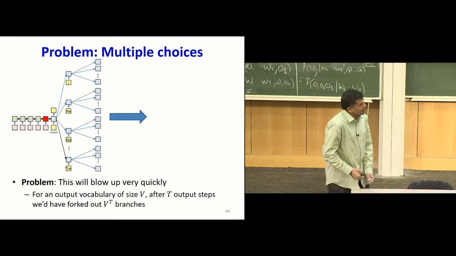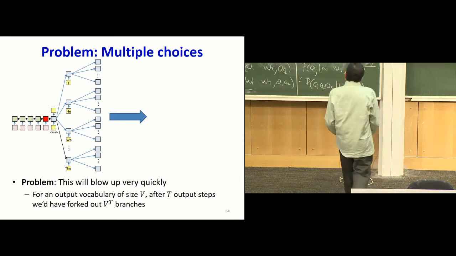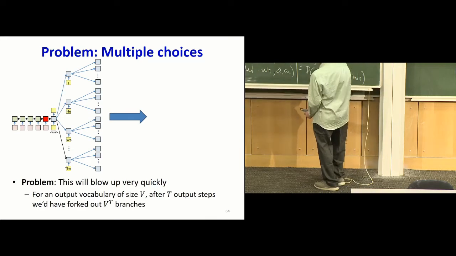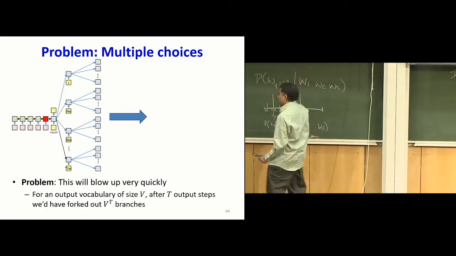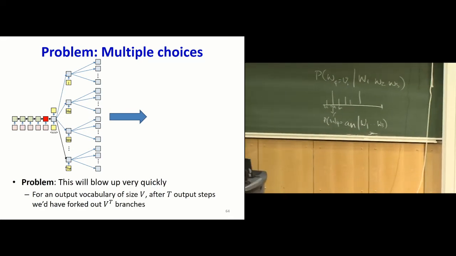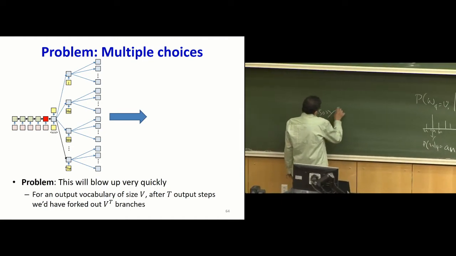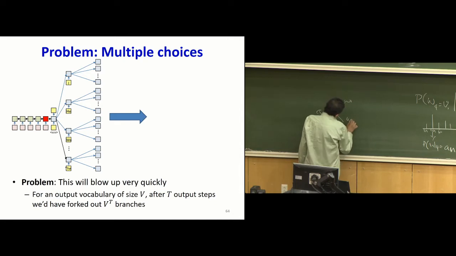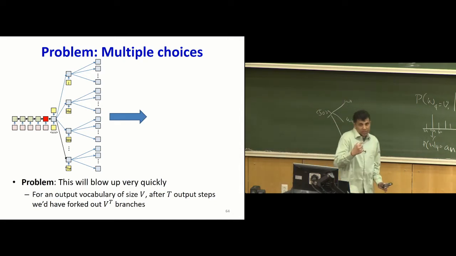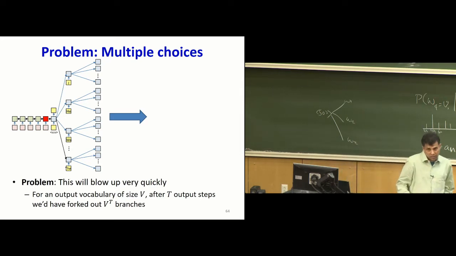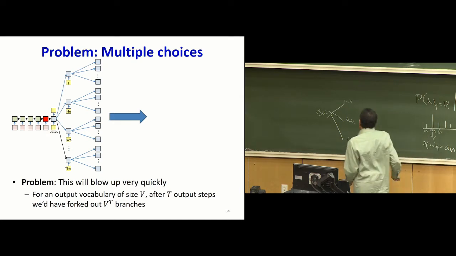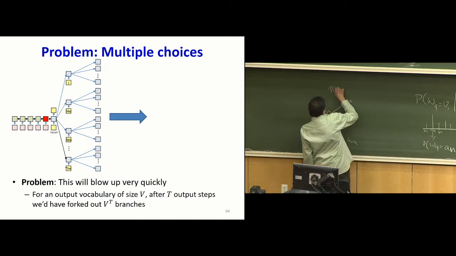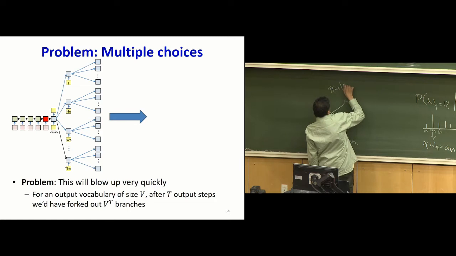So observe what's happening over here. At each time, we are starting with an SOS, and we are computing probabilities for W1, every one of the words in the vocabulary. So what you would actually be computing is P of Wi given SOS and the input.